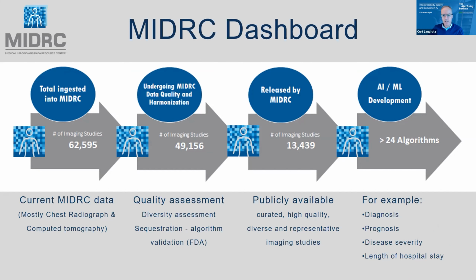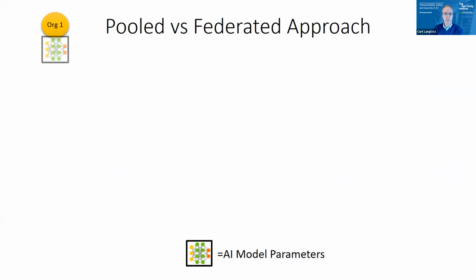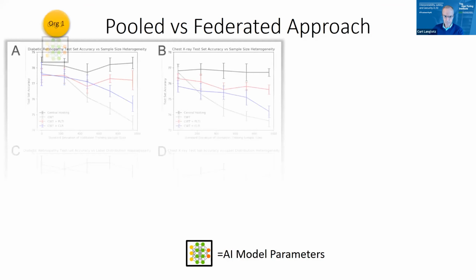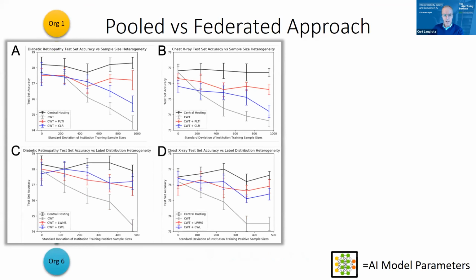Another response has to do with federated or distributed learning. So many of you may be familiar with this, but your typical experiment starts with data from a single organization. And then if we would like to have a generalizable algorithm, we really ought to train it on more than one organization's data.